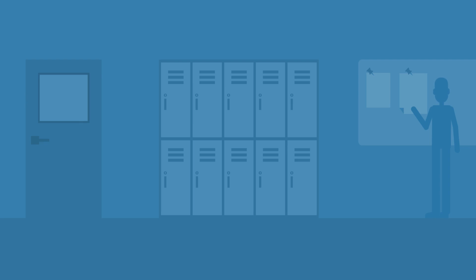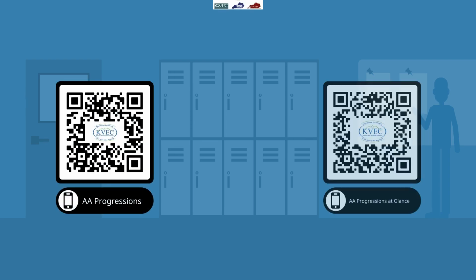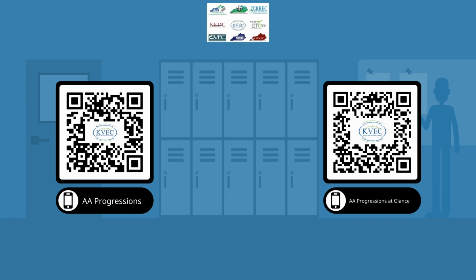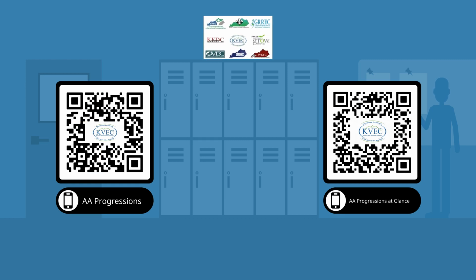Finally, I would like to direct you to the progression documents created by the Cooperative Network. There are two of these. There's the progression document at a glance and the full progression document. The progression documents outline assessed Kentucky academic standards across the grade bands, providing information on the standards that follow in progression each year, as well as standards that show gaps across the grade levels.